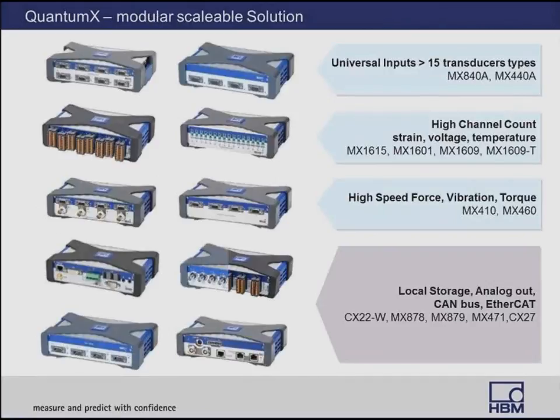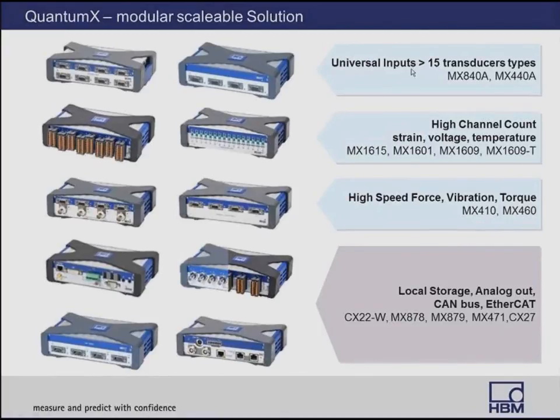So the QuantumX data acquisition hardware can be defined into 4 different classes. There are universal input modules. This is low bandwidth. This is high bandwidth. And there are also other modules, which are focused more on analog output and bus communications like EtherCAT and CAN bus.